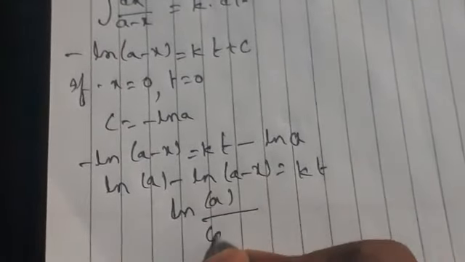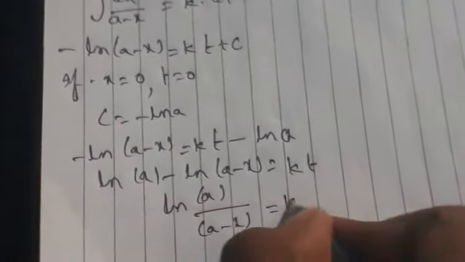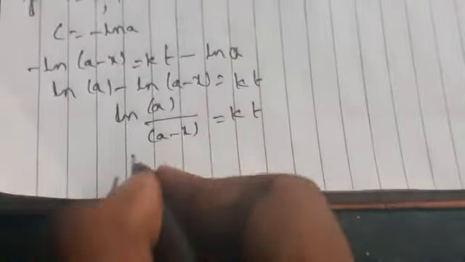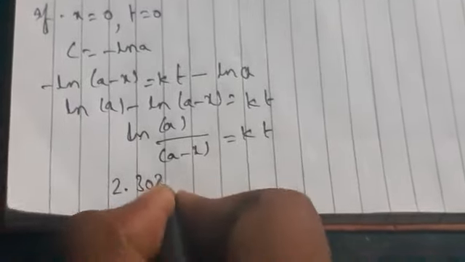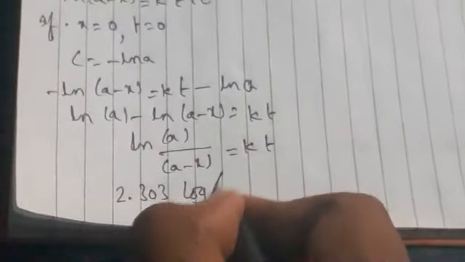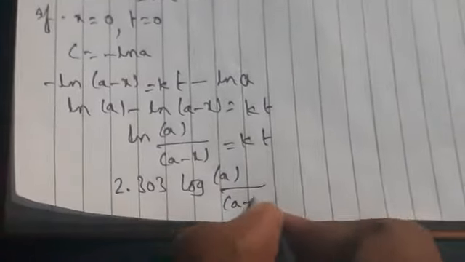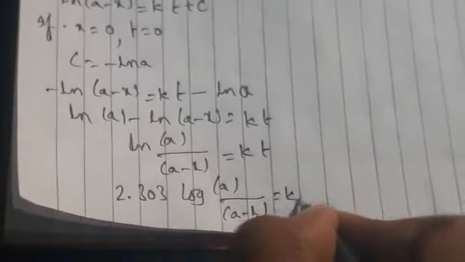Using the log a minus log b formula, log a by b, ln a by (a minus x) is equal to kt. So ln is converted to log to the base 10, and you will be getting 2.303 log a by (a minus x) is equal to kt.